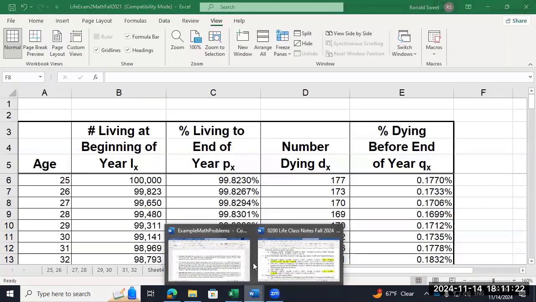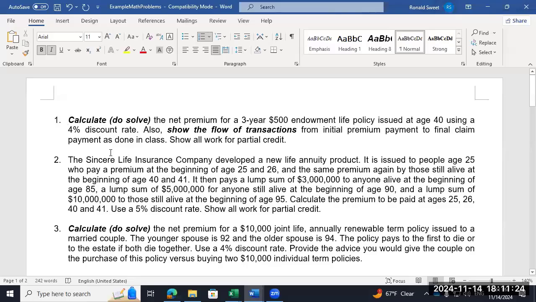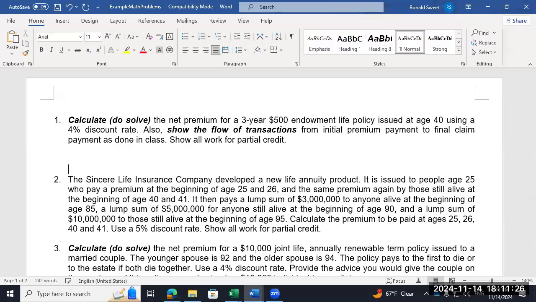Let's check the formula first. Who's got the formula? Without the answer, does anybody have the premium yet? No? What's in the numerator? E40 times 500. All right, y'all see that? That's your first payout. It's exactly right from your notes. Okay, then what?